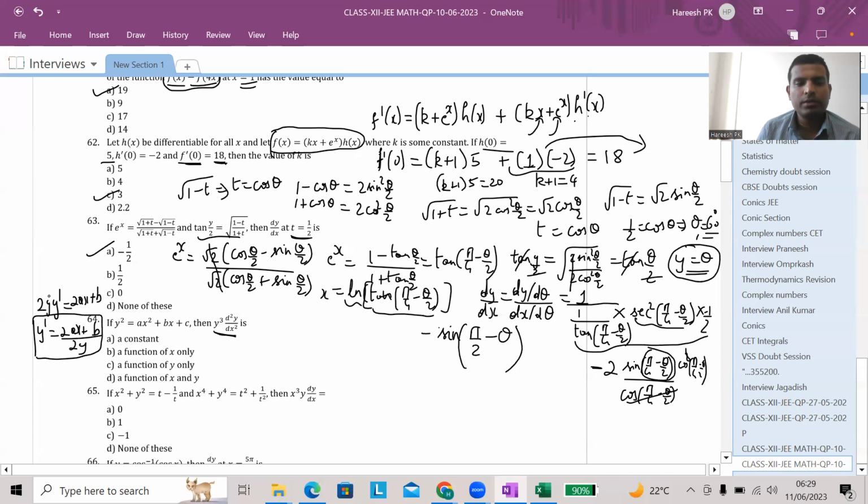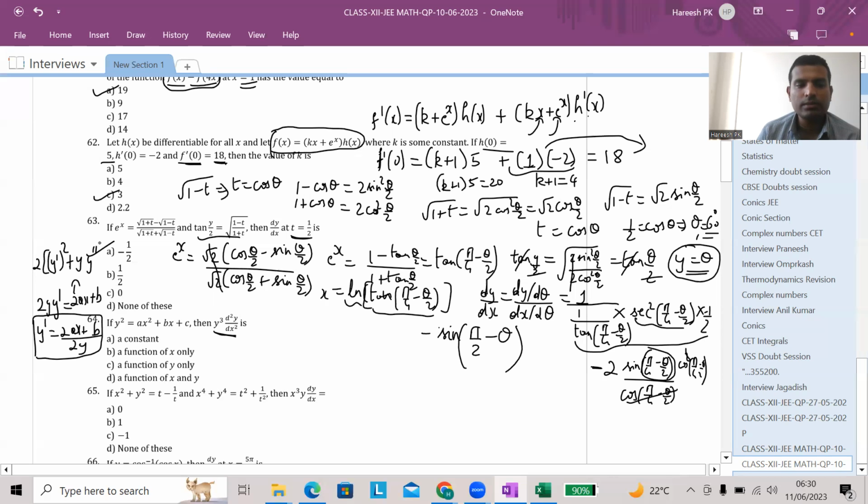So now, how do I differentiate this further? I use the product rule. So when I use the product rule, I will end up getting 2 times the derivative of y y dash. Use the product rule. When you differentiate y, you'll get y dash. So y dash into y dash, that will give y dash whole square, plus keep y as it is and differentiate y dash, so you'll get y double dash.